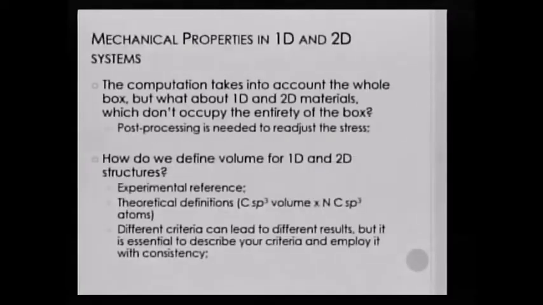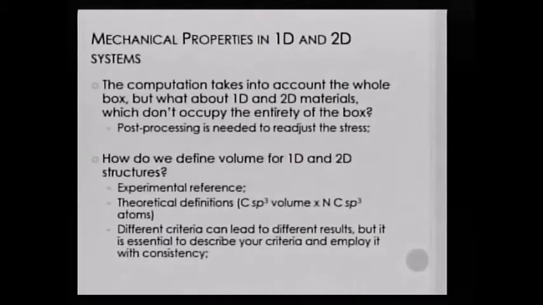However, in some cases that is not what we want, because we are evaluating, for example, a 1D material. So how can we use what is given to us by the package to compute properties only of 1D materials or 2D materials that don't occupy the entirety of the box? The answer is that we have to do a post-processing scheme in order to readjust the stress to what we are studying.